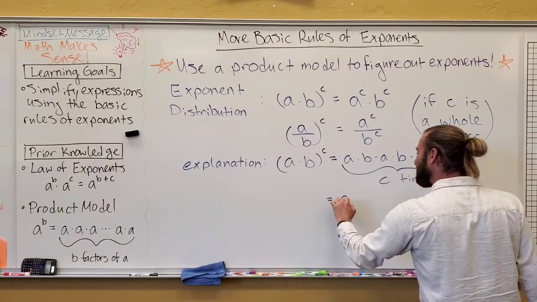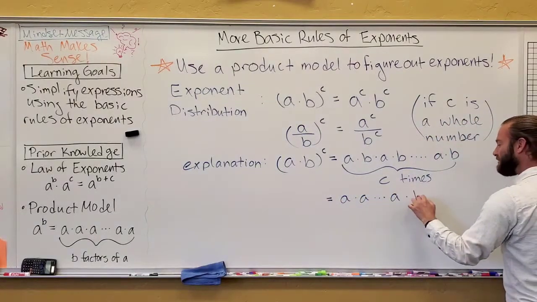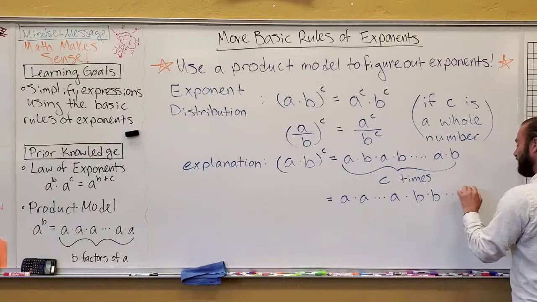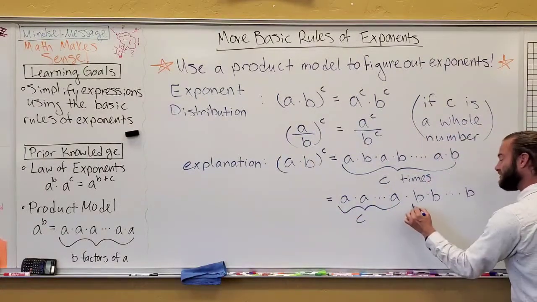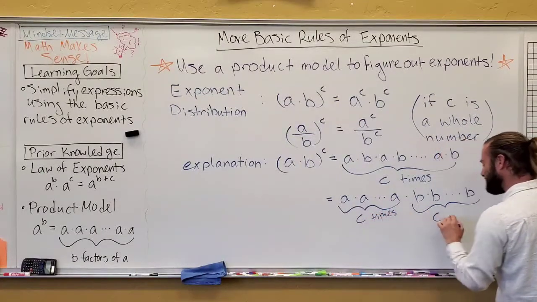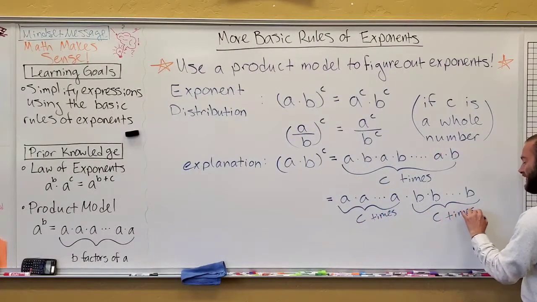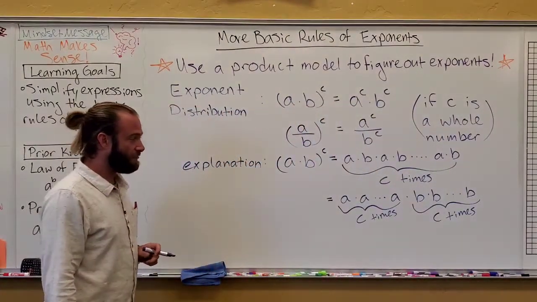What I'm going to do is put all the a's together, and then put all the b's together. So there's still c of those, and then c of these, okay?